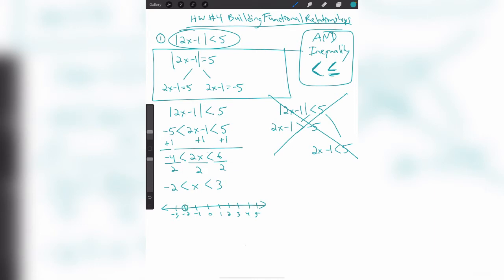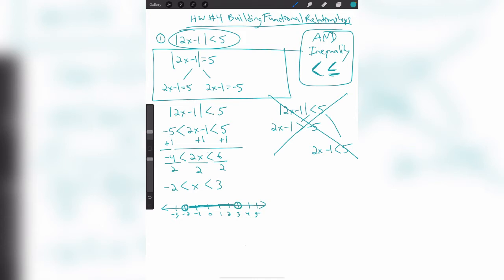If you remember from last week, whenever we dealt with a less than or greater than symbol, we had an open circle. And then all the values, whoops, somehow I got the eraser up there. All the values, x is between negative 2 and all the way over to 3.